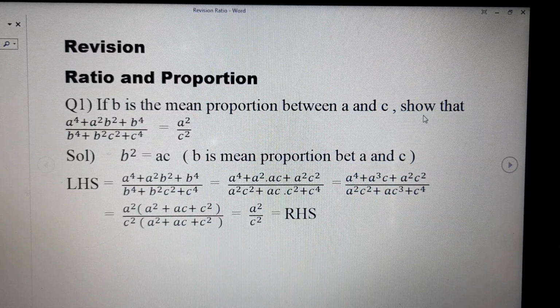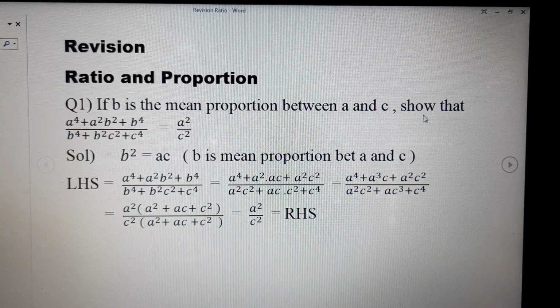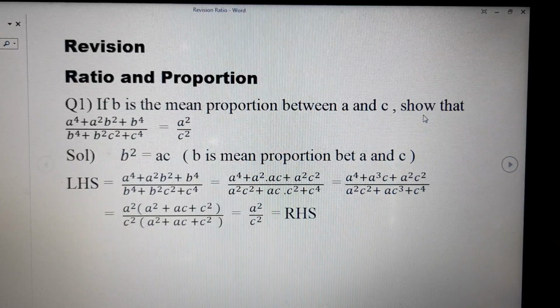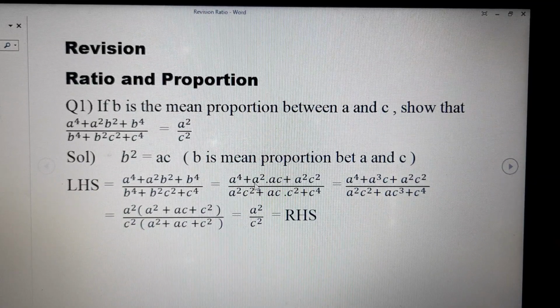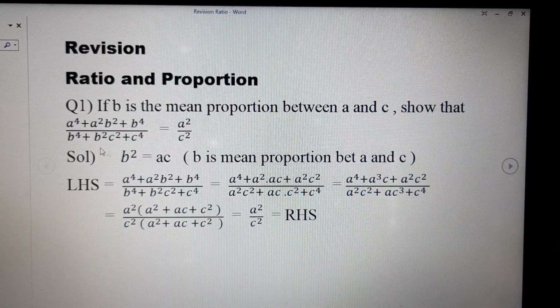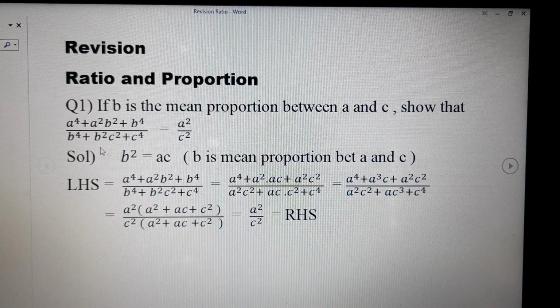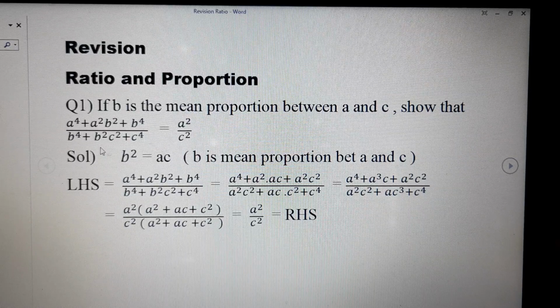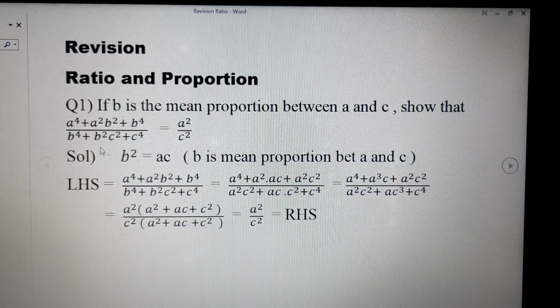Question number 1 says that if B is mean proportion between A and C, then we have to show this thing. We have two methods: we take LHS, solve it, and then take RHS and solve it, and if both the answers are the same, then we can say that the thing is proved.